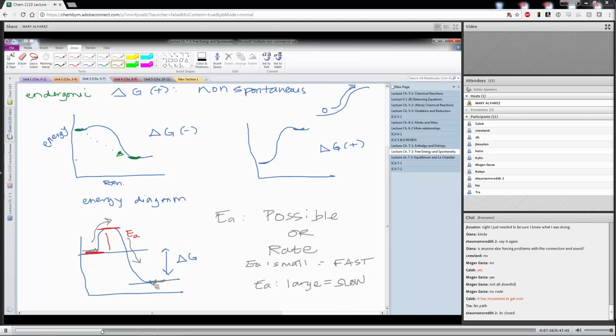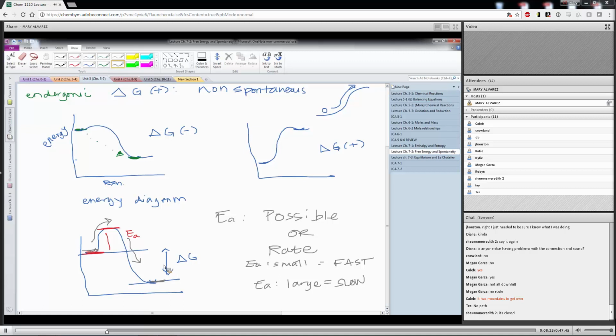For instance, gasoline has stored potential energy. That is because gasoline is a high energy molecule, and when it burns, it's going to release a lot of heat and energy. So we know this is a spontaneous process, but we're glad that it doesn't just happen all by itself because we like to ship it and store it and put it in our cars and then activate it when we need it.